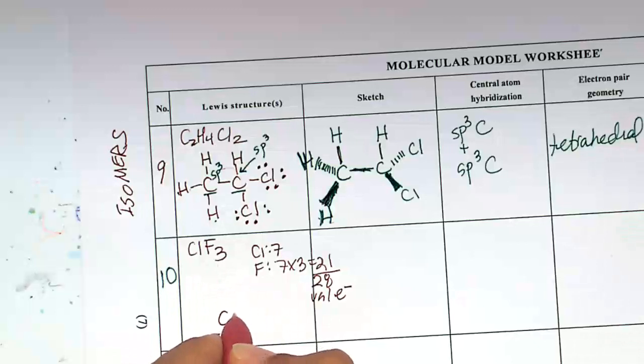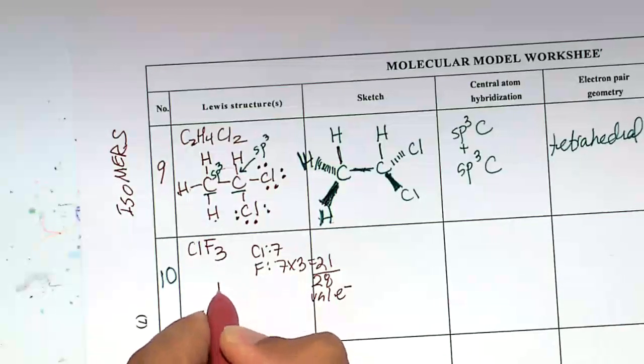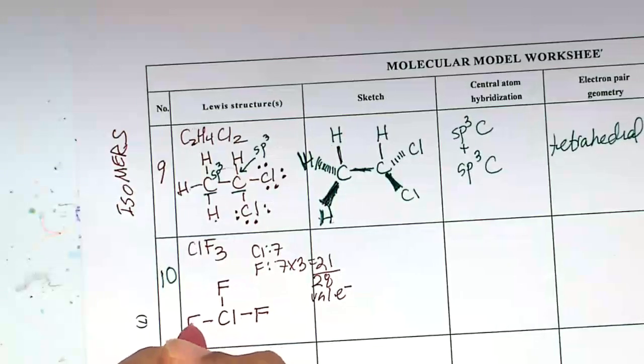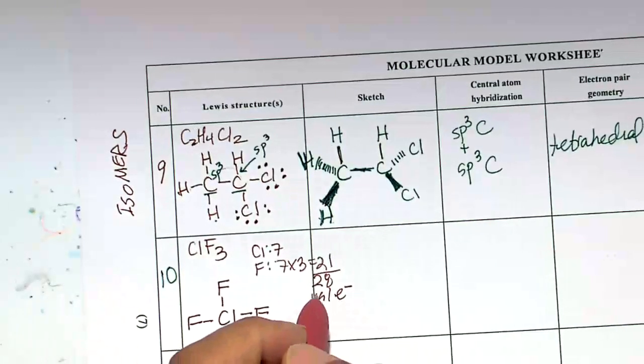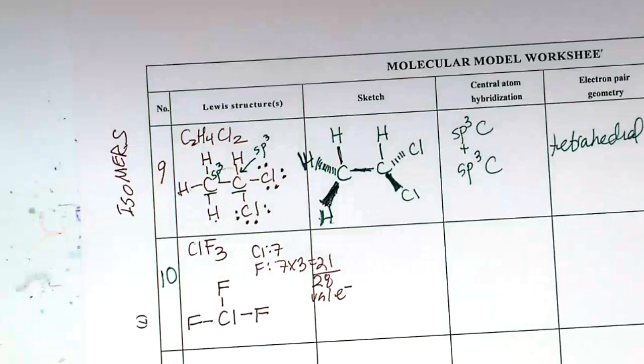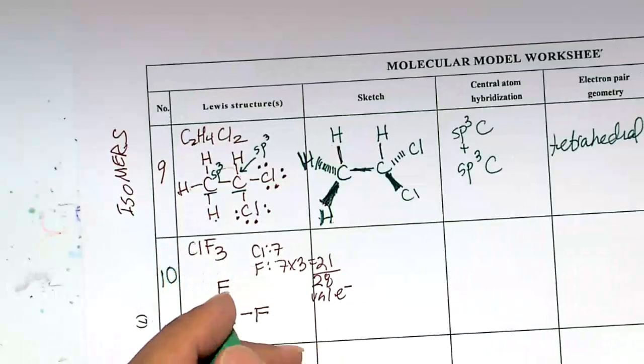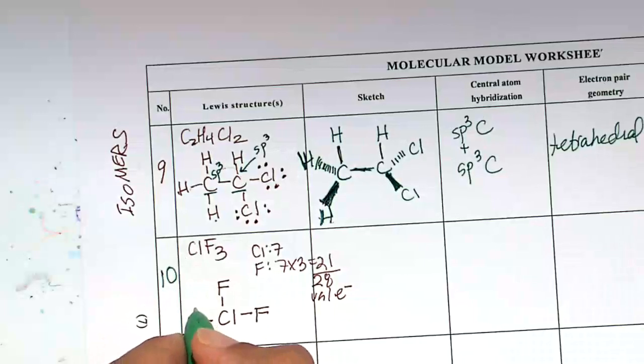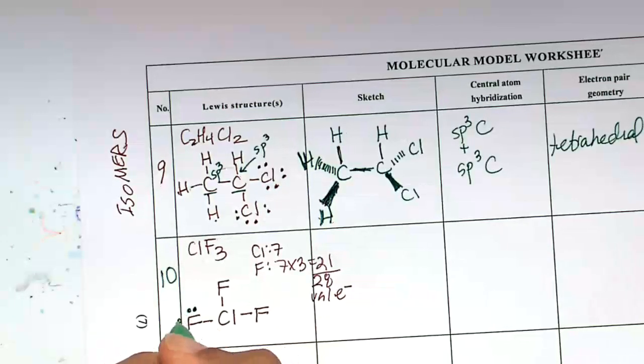So I'm going to put a Cl up front, and I'll do 3 fluorines. We need to get 28 valence electrons, and how many electrons are going to be around the halogen? 3 lone pairs for a total of 6.